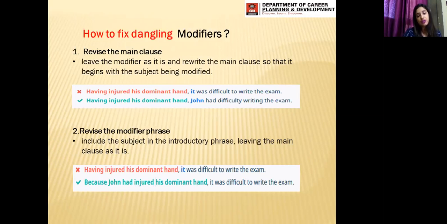We leave the main clause as it is and work on the modifier. So the way we worked is, "Because John had injured his dominant hand, it was difficult to write the exam." Here we added John in the modifier part. So there are two different methods: either you can work on the modifier or you can change the main clause.